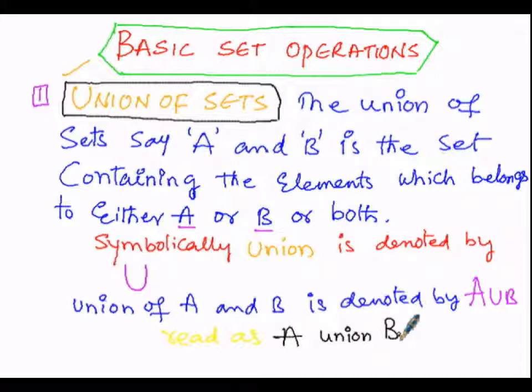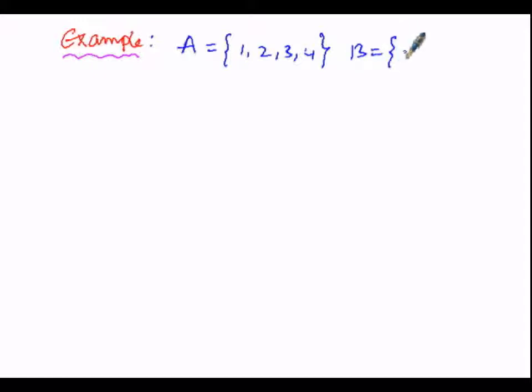Let us perform one example under this. To find the union of two sets, we have to assume two sets. I am going to assume the first set A as 1, 2, 3, 4 are the elements of set A, and the elements of set B are 3, 4, 5, 6, 7.